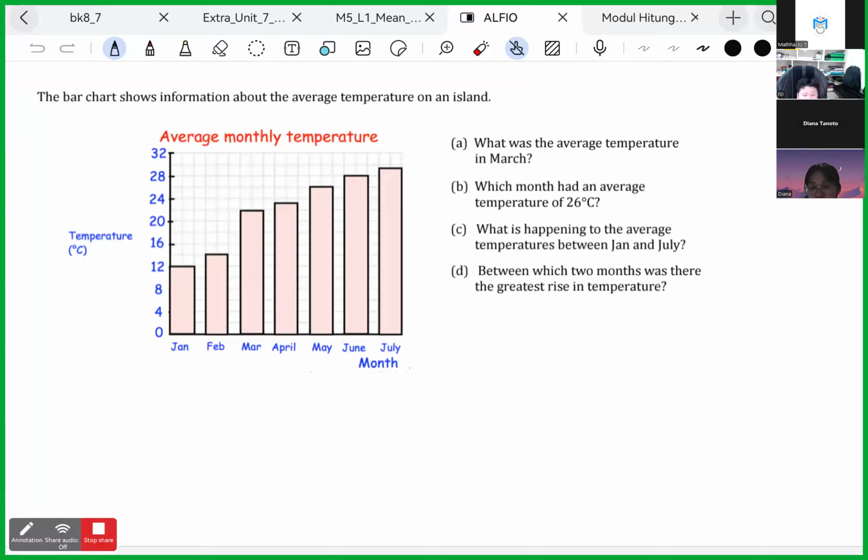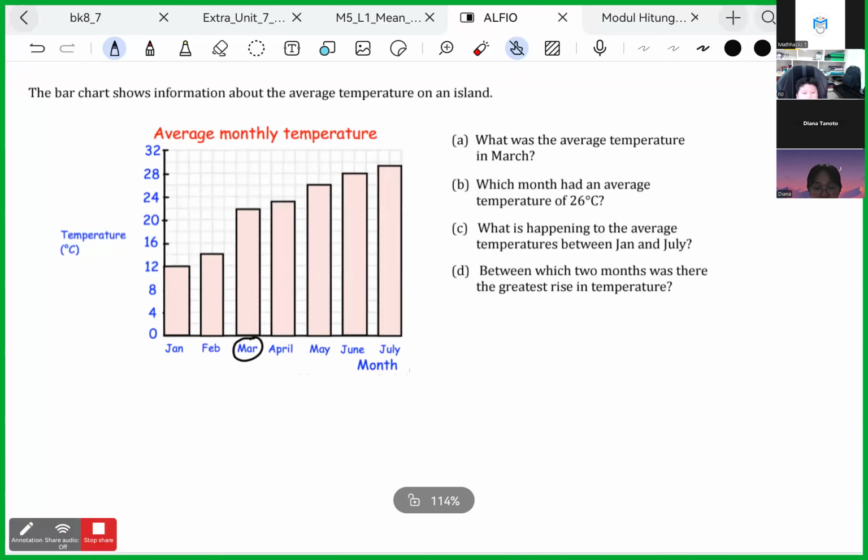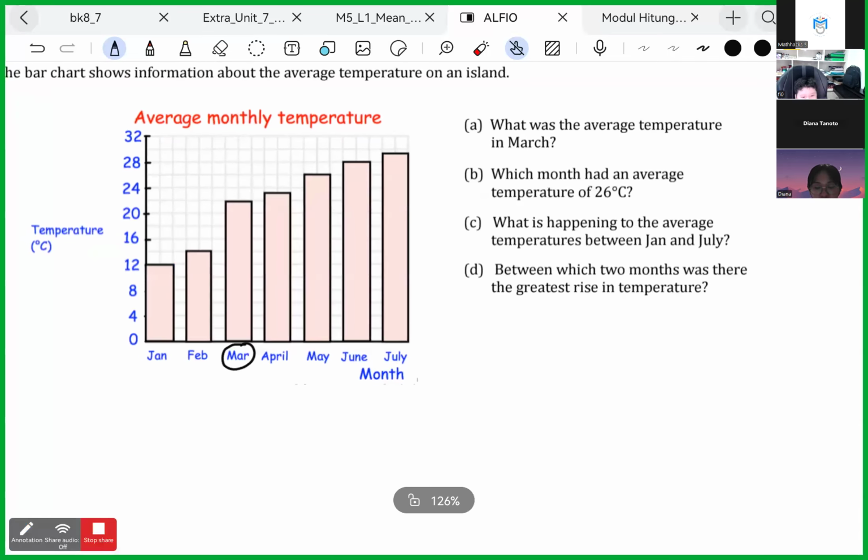For March, you only need to see here. 22. Yes, 22 degrees Celsius. Okay, how about B? May. Okay, 26 is May.